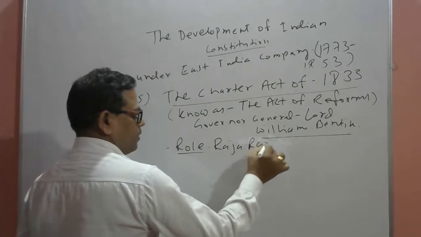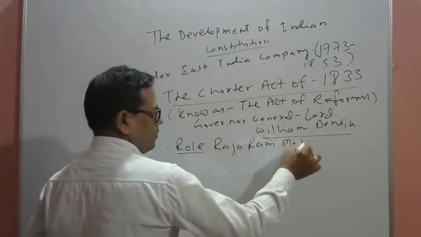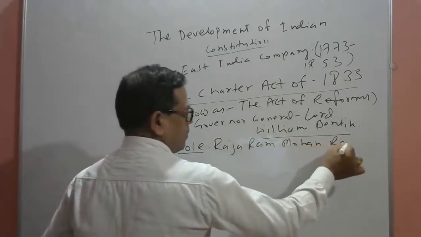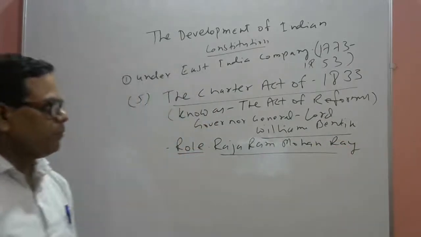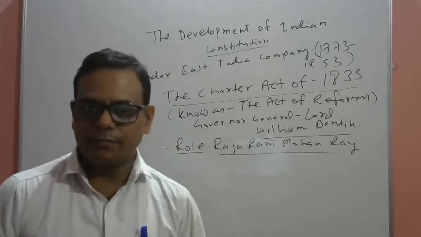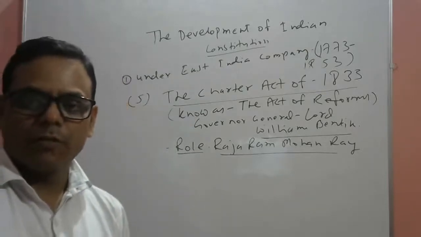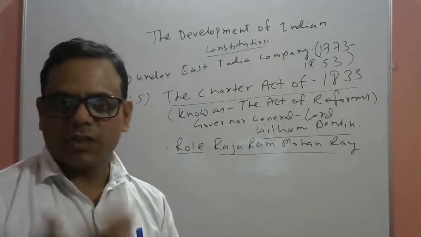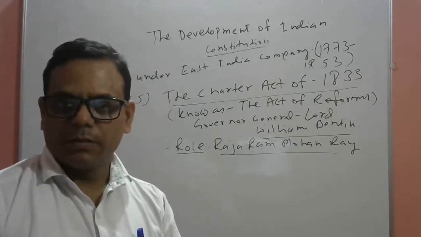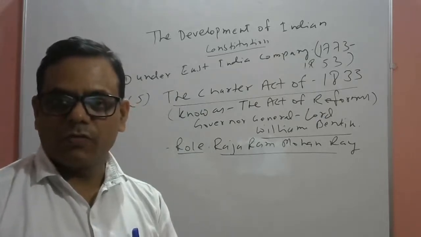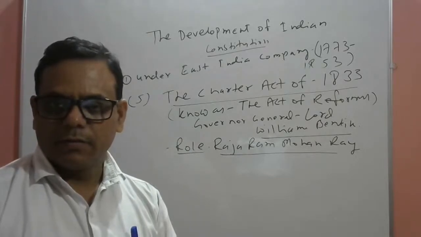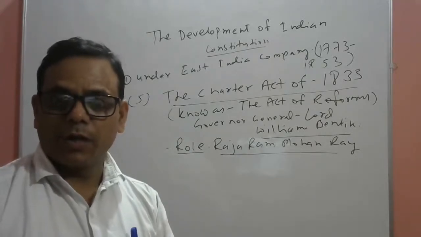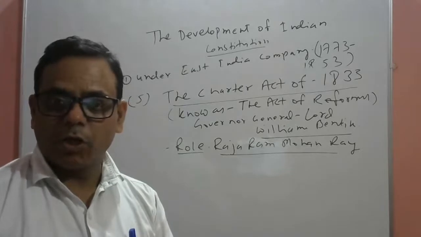Raja Ram Mohan Rai, because Raja Ram Mohan Rai was a friend of Governor General Lord William Bentinck. Such a question comes: in which one of the following acts Raja Ram Mohan Rai played an important role?